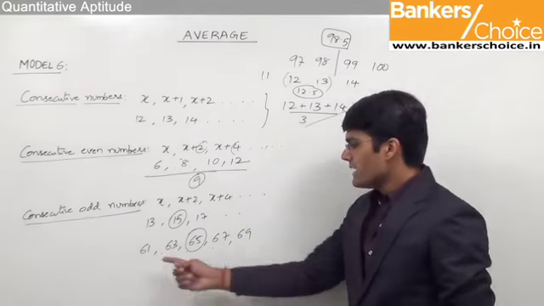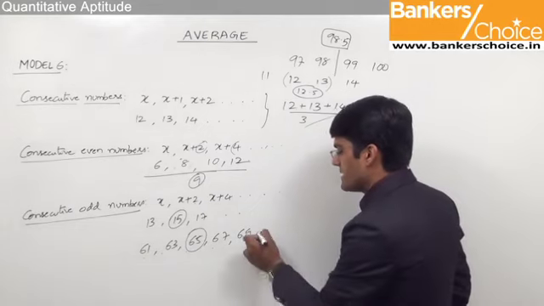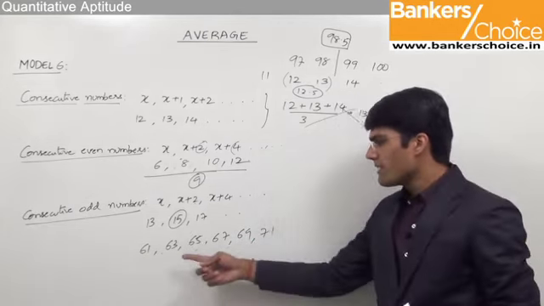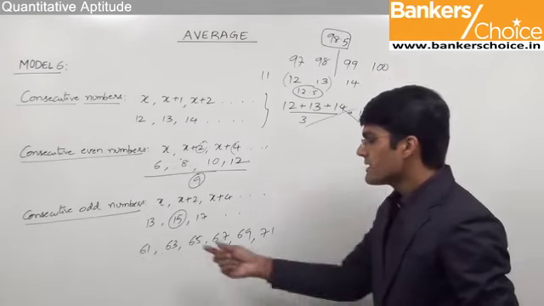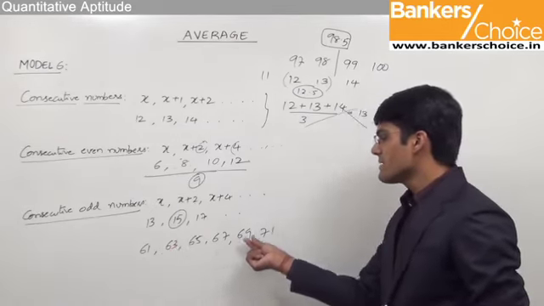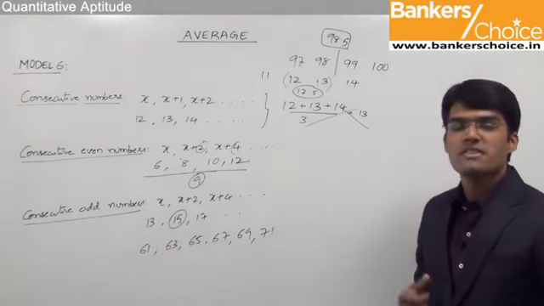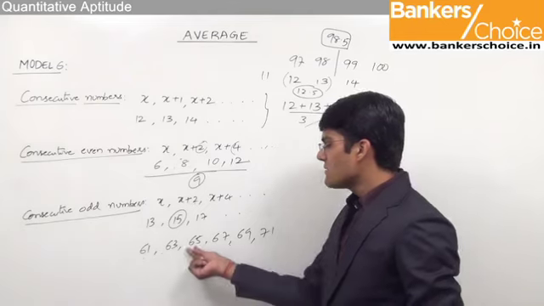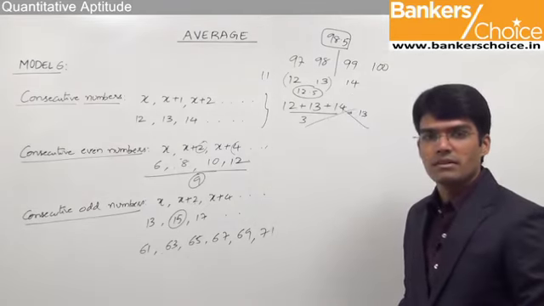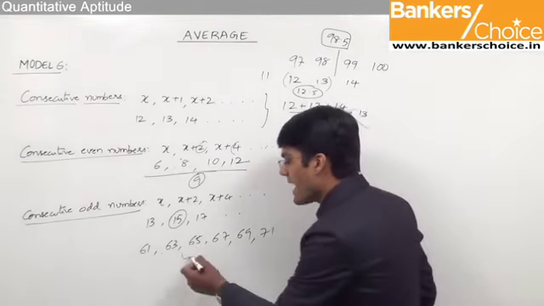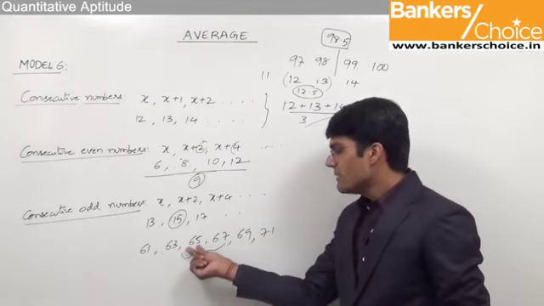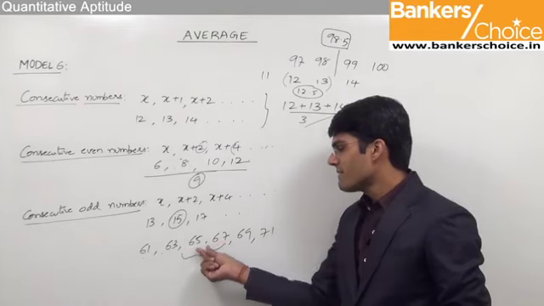For example, let's say we have another number here, that is 71. Now these 6 numbers form a series of consecutive odd numbers. That is 61, 63, 65, 67, 69 and 71 form a series of consecutive odd numbers. Now here, to find out the average, we do not have one particular middle number. So the average should be taken as the average of 2 middle numbers, or the number which comes exactly between the 2 middle numbers, that is 65 and 67.